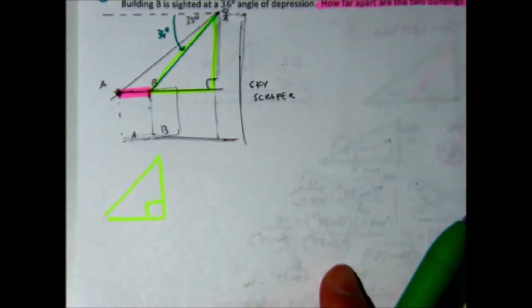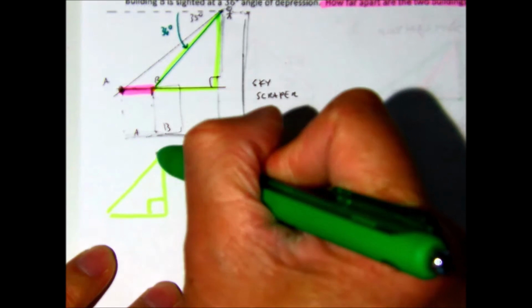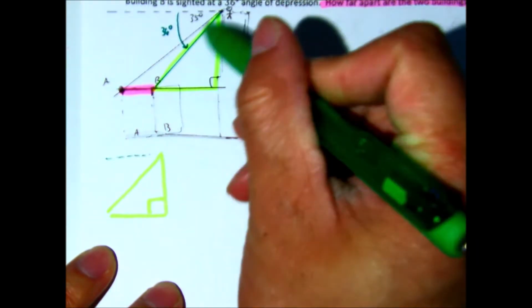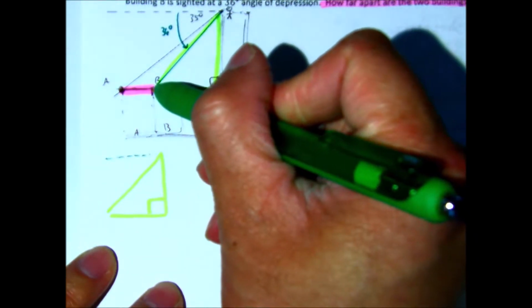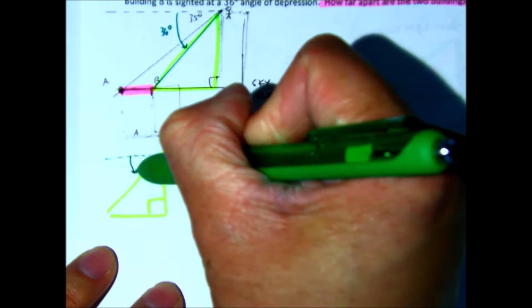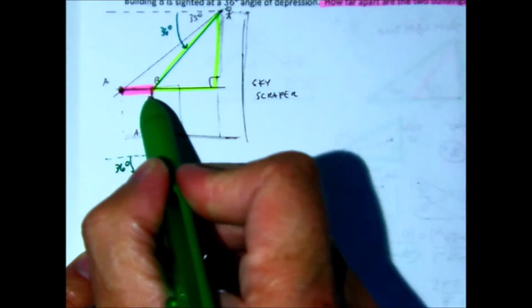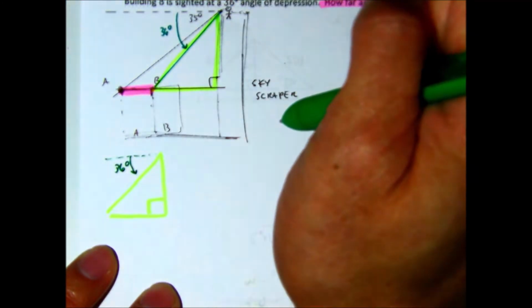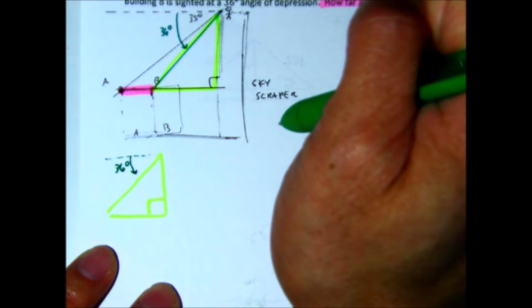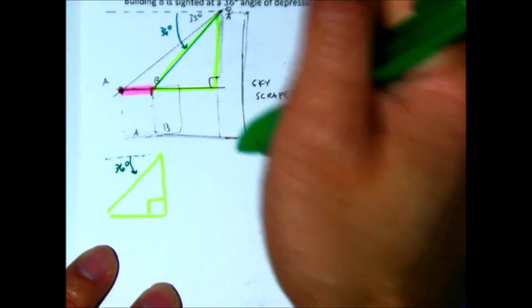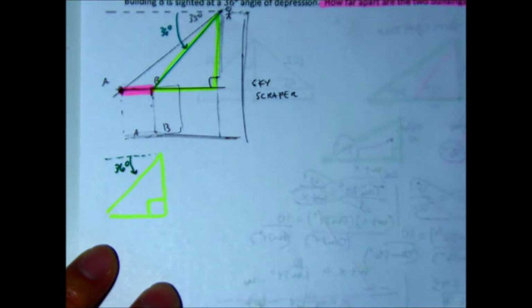In the yellow, my angle is out here 36 degrees. I have an unknown length. Our skyscraper is 200. Maybe these buildings aren't very tall.